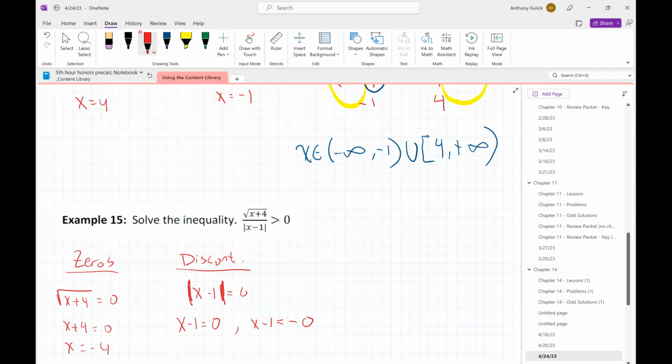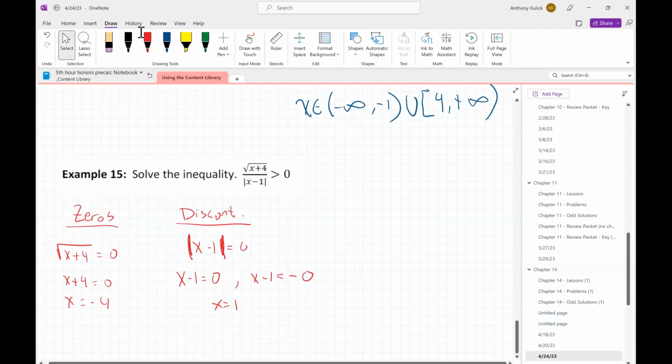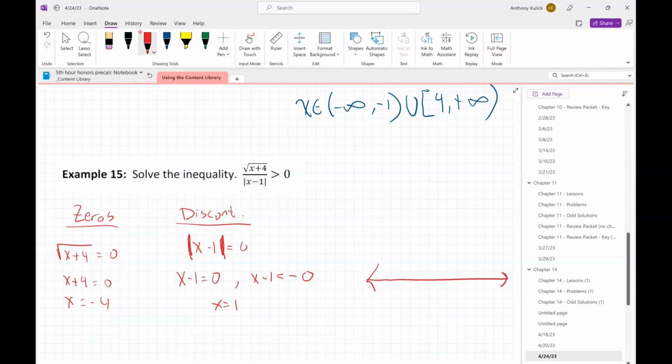Now in the case of 0, it doesn't really matter because positive 0, negative 0 is the same value. We just get x equals 1. But there's one other, well, I guess it doesn't really matter. It's fine. Not going to worry about it right now. We'll just let it come up naturally. So I have -4 and a 1.